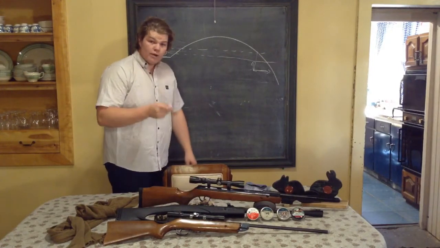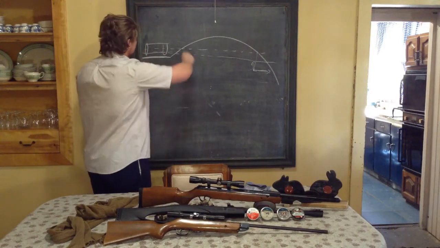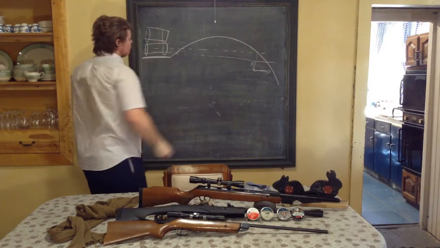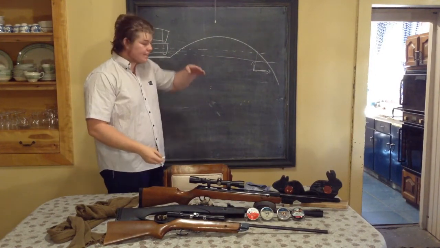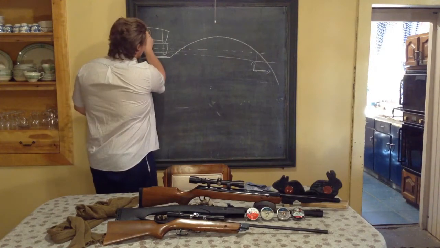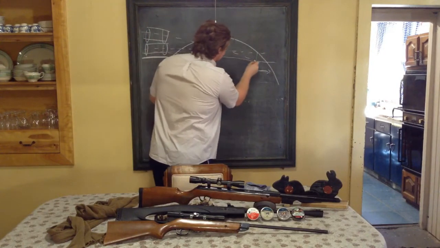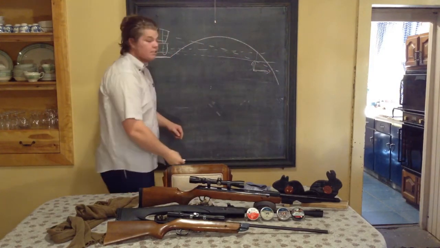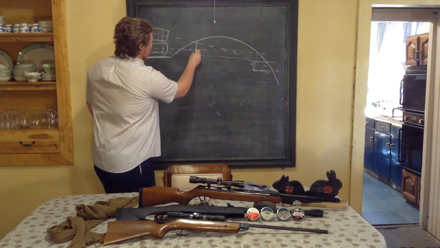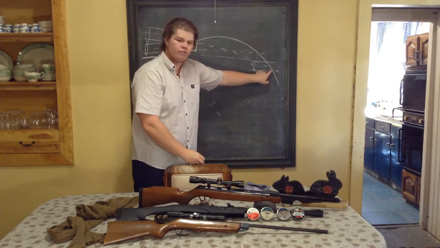So what happens when we change the scope height? Scope is still angled at the same angle, but it's now further up. So what's going to happen is that. Now we have the point of intersection further along than our original scope mounts, but yet it's hitting further out.